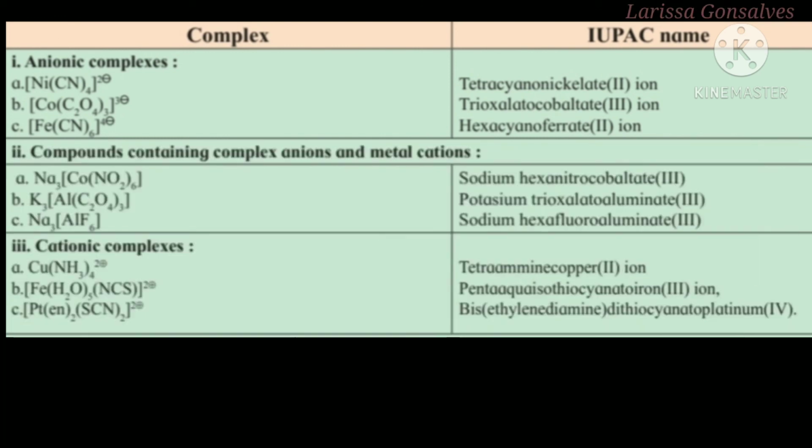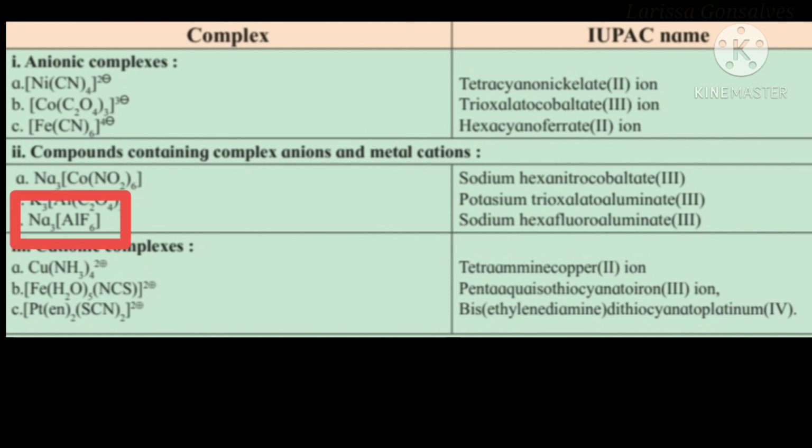So potassium trioxalato. Because an anion is present, aluminium will be written with the suffix -ate, so it will be written as aluminate. So potassium trioxalatoaluminate, and then the oxidation state of aluminium, which comes as 3.